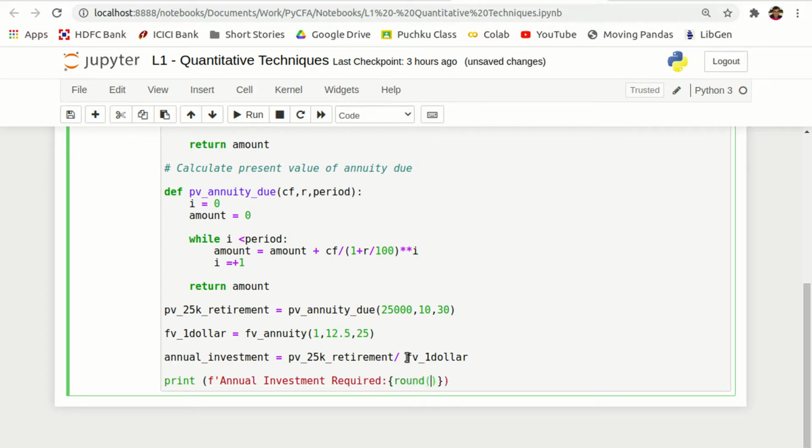Let's round off the answer because I don't think anyone will be interested in decimal figures. And I think we are good to go. Let's see if the code works, else we debug it.